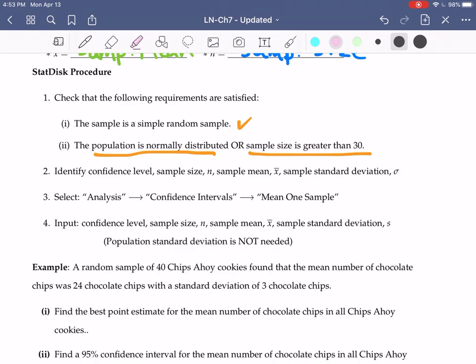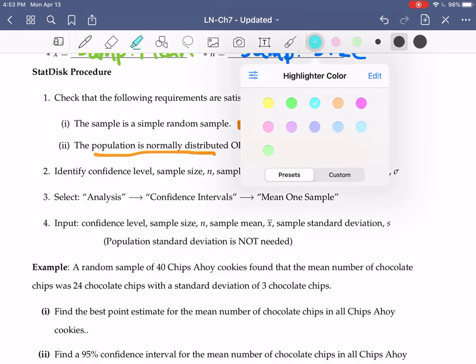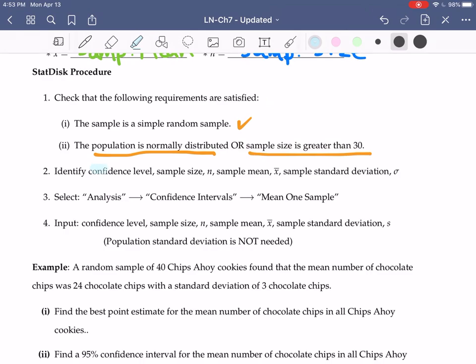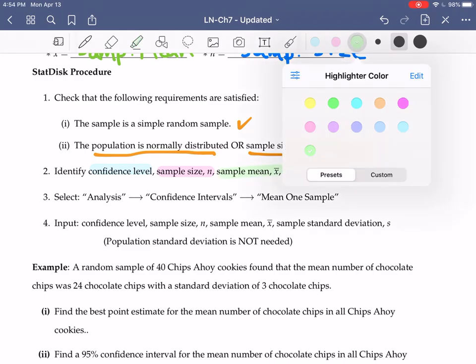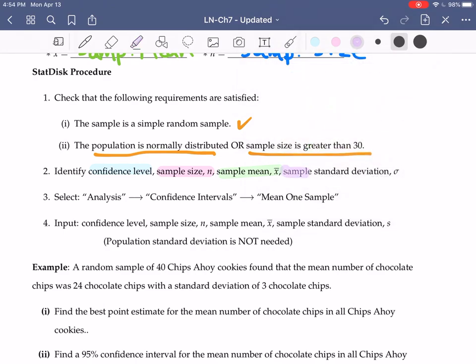Those 4 things include first the confidence level, then the sample size n, then the sample mean x bar, and then finally the sample standard deviation.